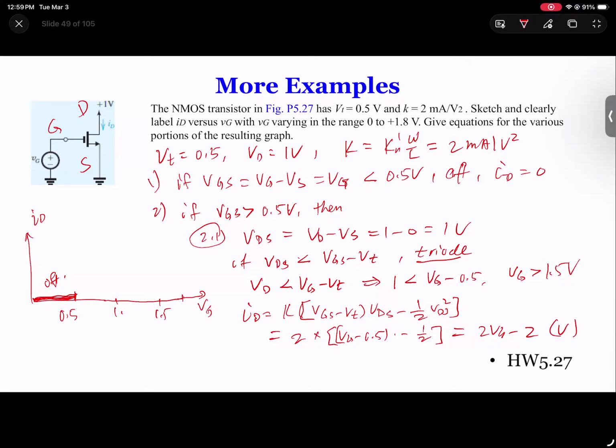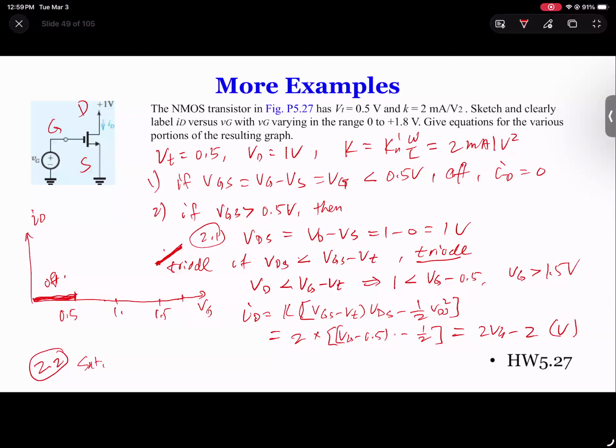We see how much ID is, because VG started at 1.5. So if we have 2 times 1.5 minus 2 equals 1. So this is 1. And we keep increasing VG, and then this will go in a linear relation. This goes like linear up. So apparently, we got the off and the triode region determined. So the next point is we're going to get 2.2 to go to saturation mode.